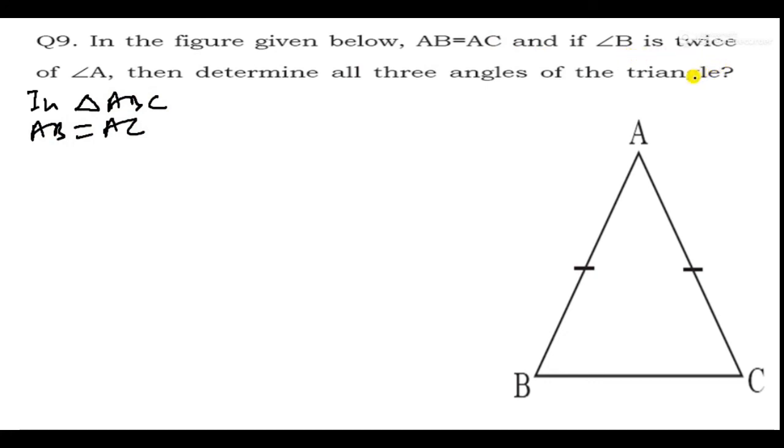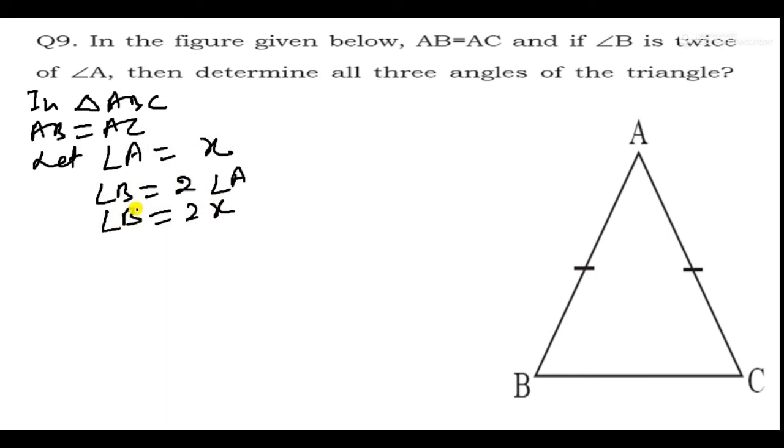And if angle B is twice angle A, so let angle A be equal to X. So angle B is twice angle A, so it is 2X. Then determine all three angles of the triangle.